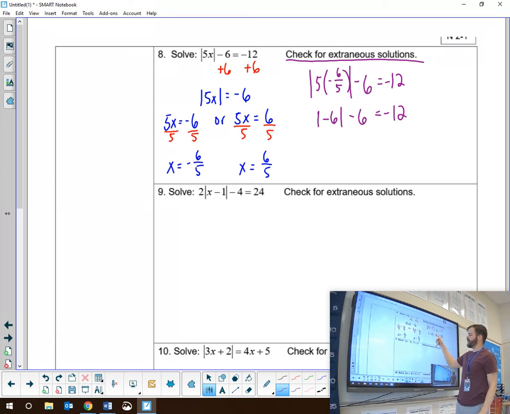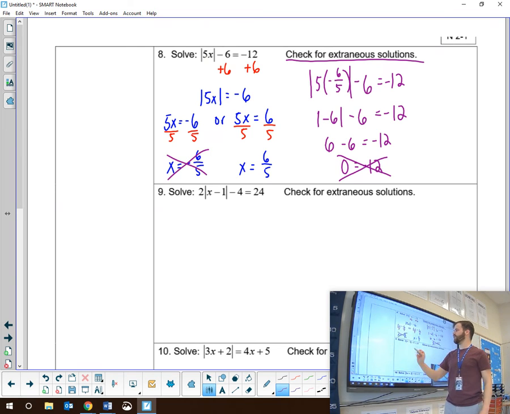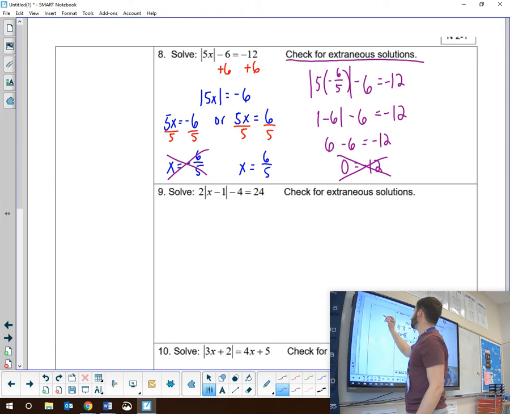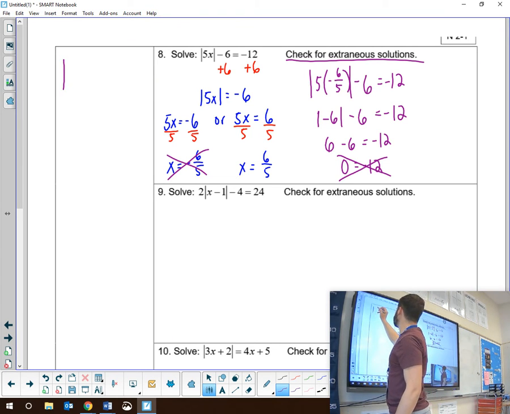But the absolute value of negative 6 is a positive 6. Does 6 minus 6 equal negative 12? No, it equals 0. Hey, this one doesn't work. It doesn't check out. Let's try the other one. Let's take that 6/5 in and see if that works. I'm going to go over to this side and say the absolute value of 5 times 6/5 minus 6.